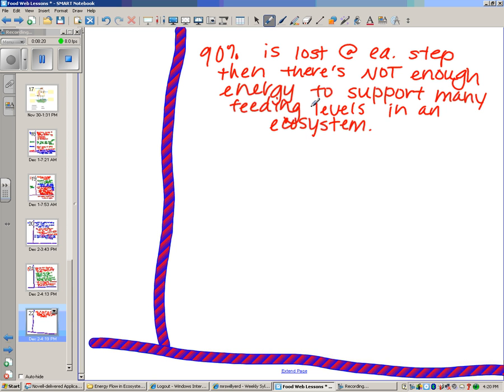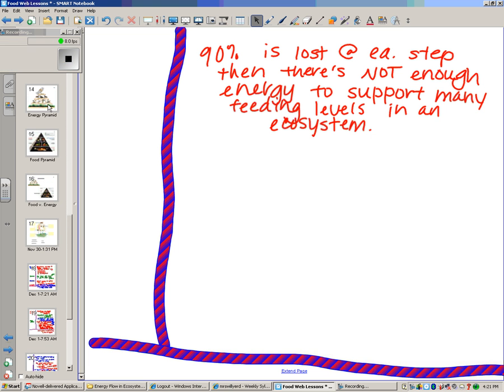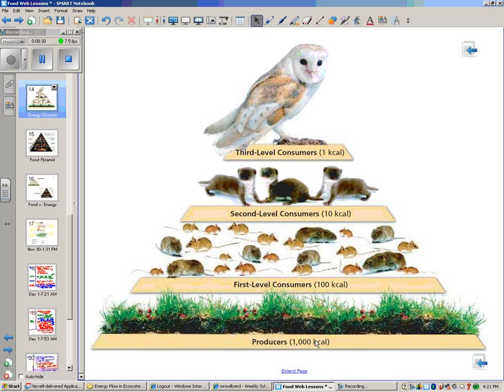Okay, so let's take a look back at our energy pyramid. And you see at the energy pyramid, you have 1,000 kilocalories. You guys know about calories because it's on the back of cans of pop or food wrappers. You know that that's the energy that you need to function.